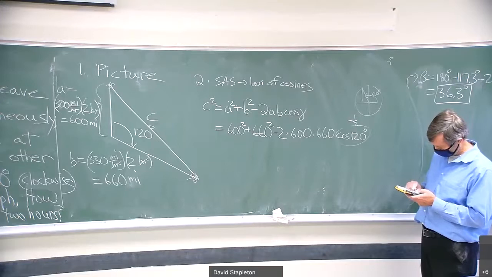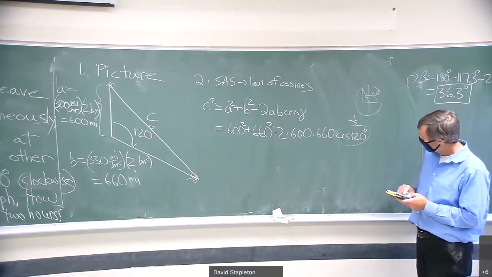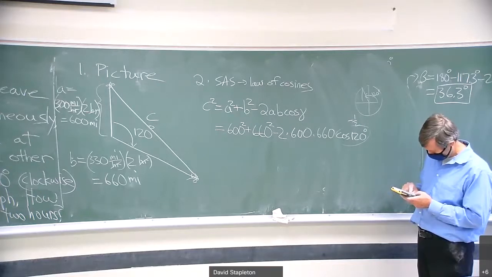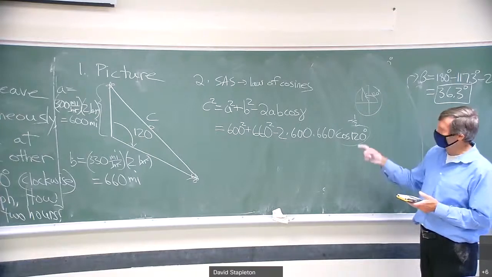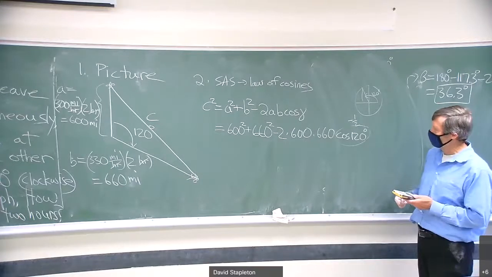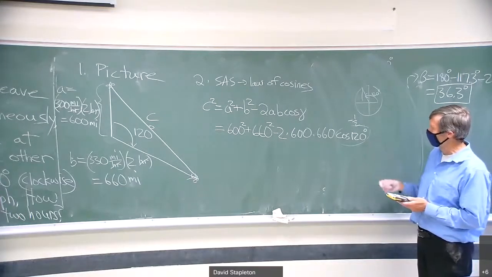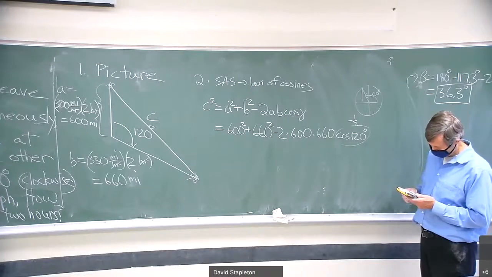Minus 2 times 600 times 660 times negative a half. And then you look at this, because it's a lot of numbers, I recommend checking your calculator display. If you have a one number display, you're just the $5 calculator, this is where it can bite you sometimes. Let's see if it looks right.